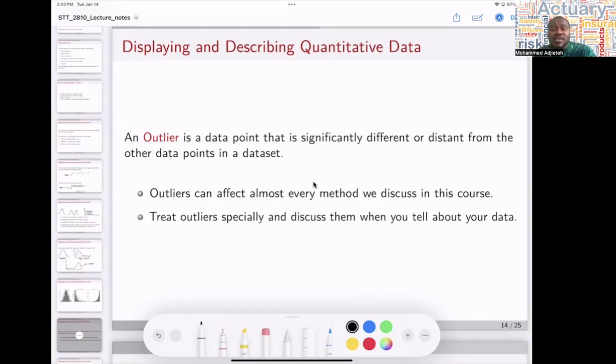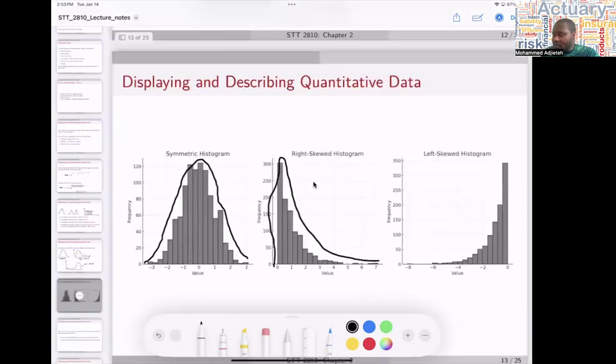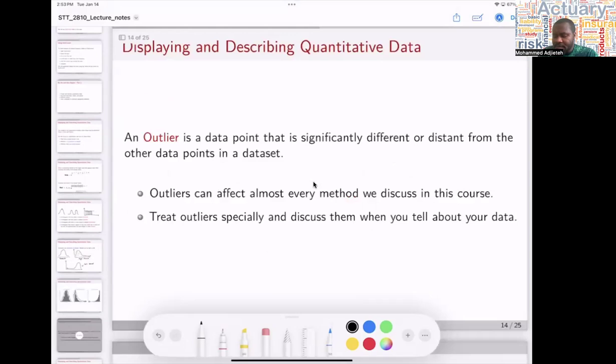Such situations, those are outliers. And whenever there is an outlier in the data set, you should be able to see it in the graph, for example this one here. And you should be able to comment or talk about them when you have those in your data set.